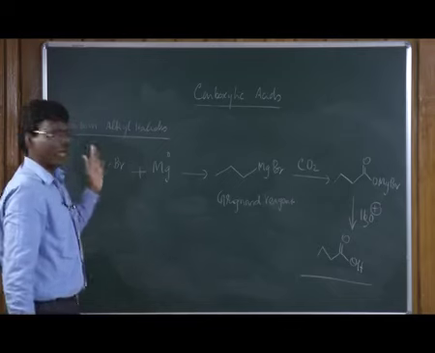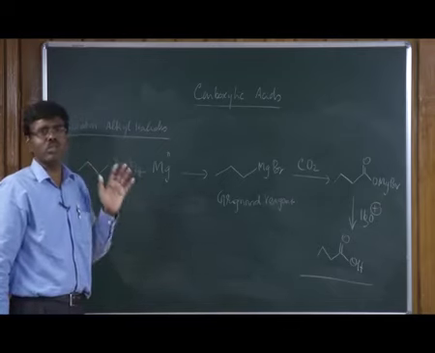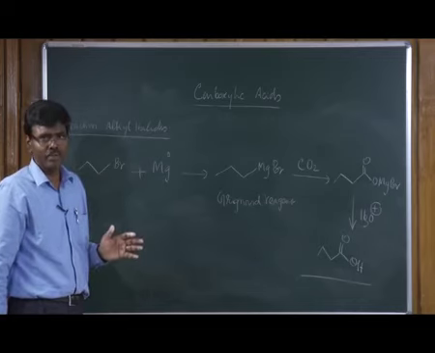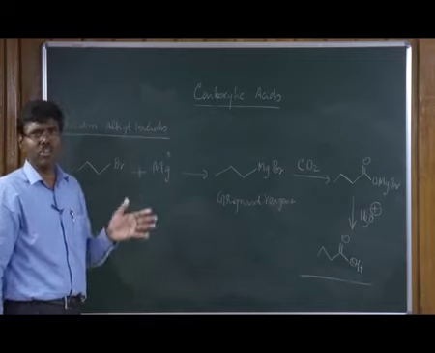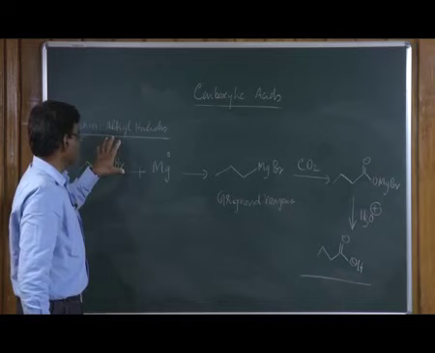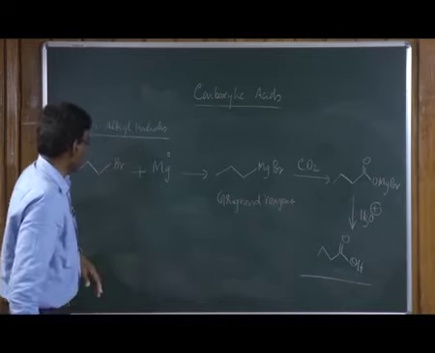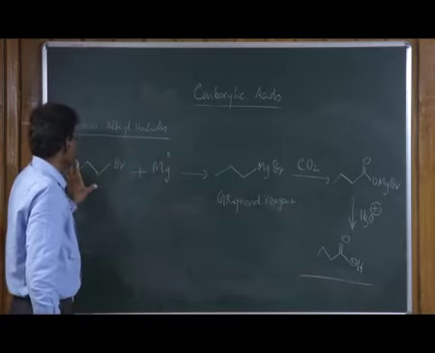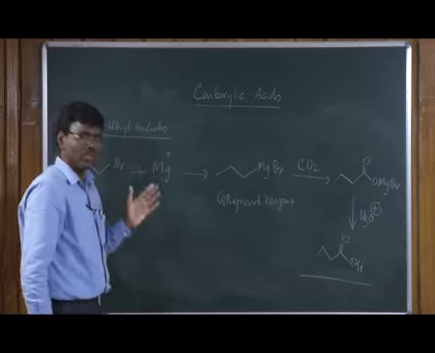So, we have seen 2 examples under oxidation, how you can convert alcohol to carboxylic acid by aldehyde. Then we have seen the oxidation of alkyl benzene to benzoic acid. Then we have seen 2 examples in reaction with alkyl halides, where you can convert to the corresponding nitrile by nucleophilic substitution.